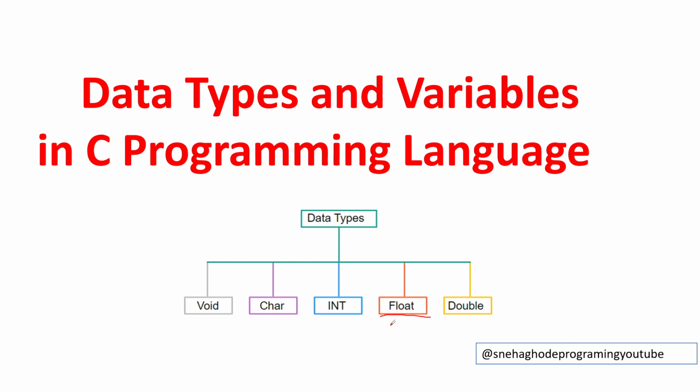For example, your percentage is like 81.76, so after the decimal point, 0.76, two digits. We are going to call it a float type of data. Then double has the same definition as float. The only difference is the memory allocation. We'll come to that point.